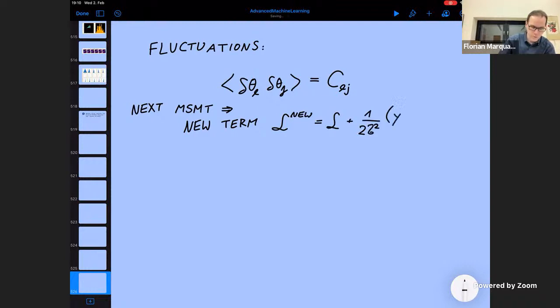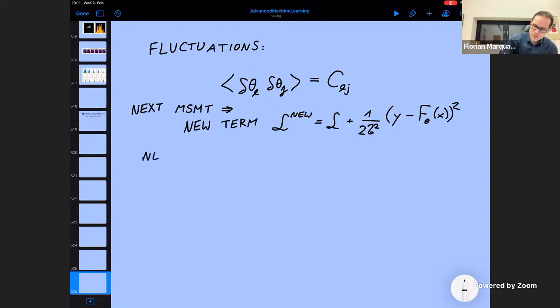So let me just call this y and then f theta of x. So that's the new term. And so now we have a modified L. The optimal theta value will shift slightly. So that's one thing that happens. But also the curvature with respect to theta will, of course, change. And so I could say my Hessian changes.